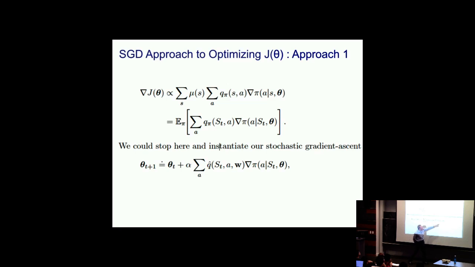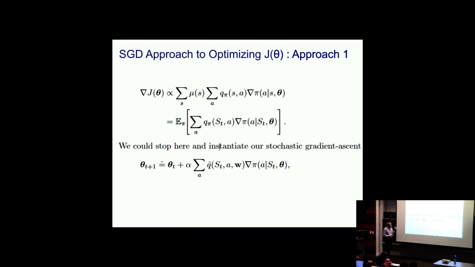This assumes we're learning both a policy with parameters theta and a Q function with parameters W. Then I could implement this by approximating the true value of Q with my function approximator and using this directly, because I can calculate that if policy pi comes from a neural net, then I'll just do backprop to calculate that. So there's a direct mapping from this policy gradient theorem to an update rule.